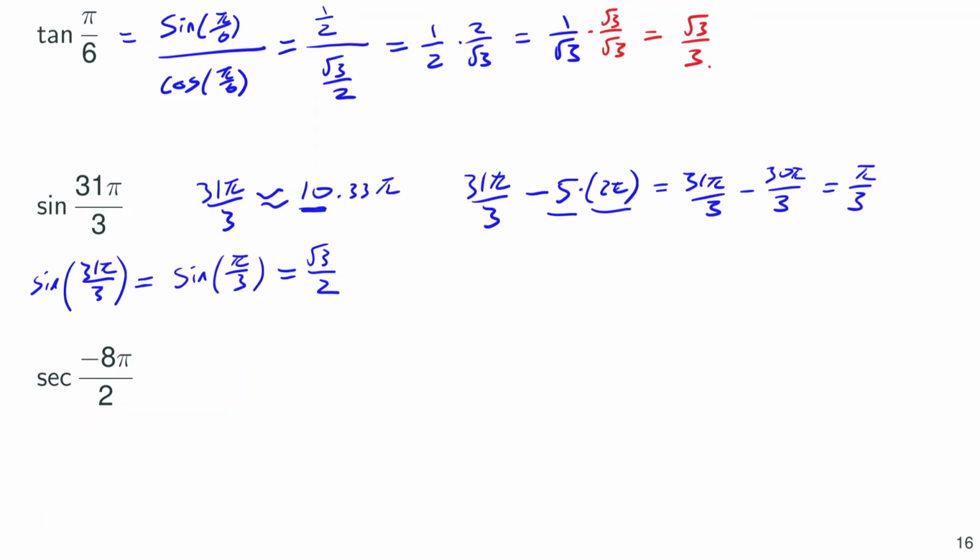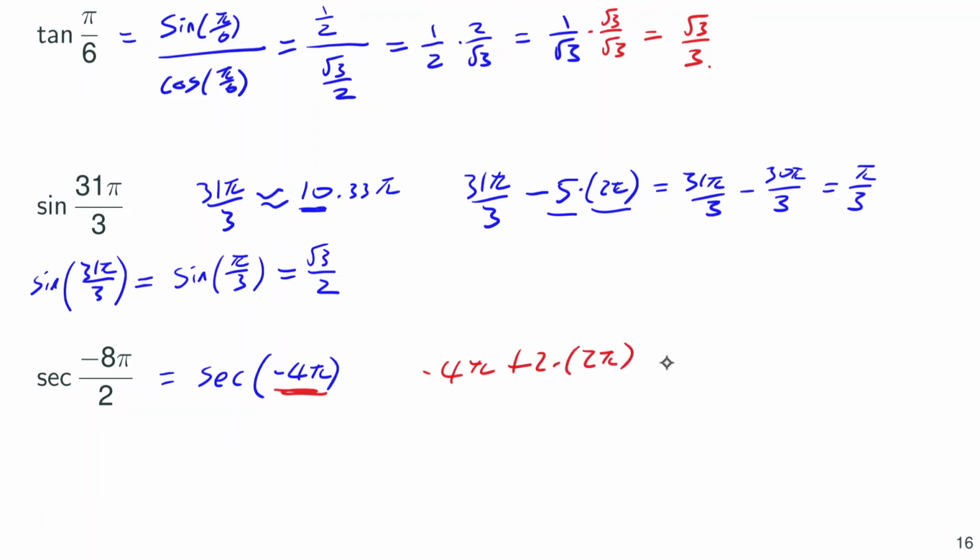Let's look at secant of negative 8 pi over 2, which we can rewrite as secant of negative 4 pi. So we can also take care of this angle right here. Negative 4 pi is not on the unit circle. So we can add 2 pi until we get an angle between 0 and 2 pi. So here, negative 4 pi plus 2 times 2 pi.